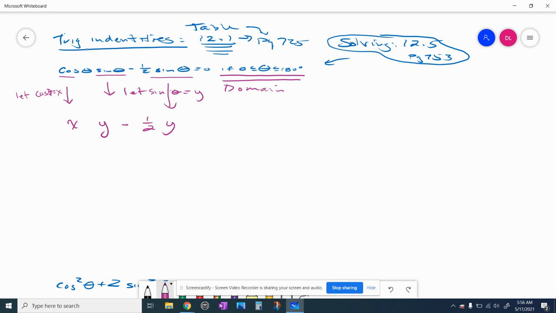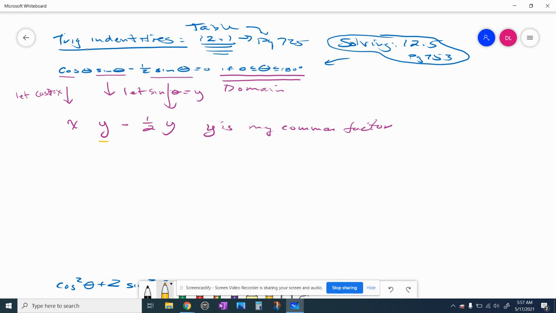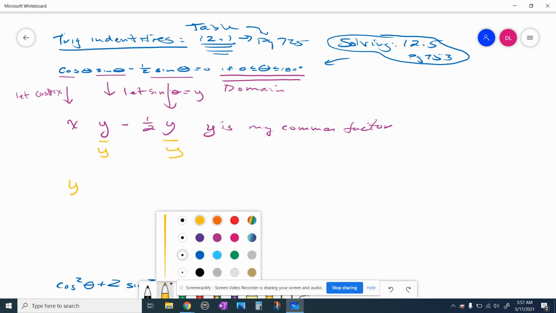So now I can look at this and I can say, oh, y is a common factor. So if y is a common factor, I can divide out my y. So then I get y, because I divided it out, and then whatever's left.